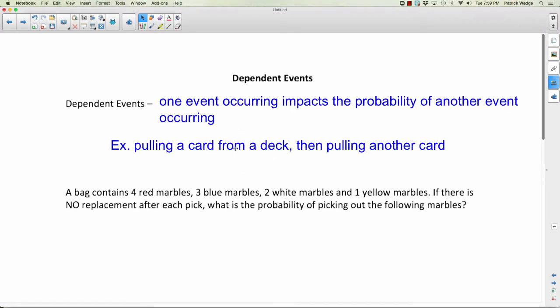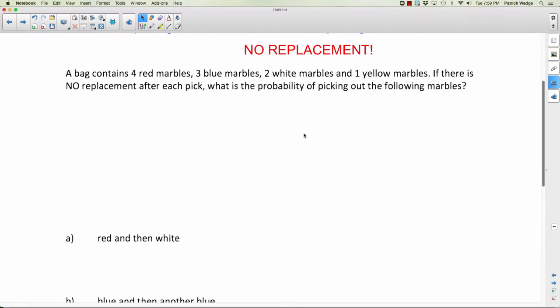Think of it this way: instead of there being 52 cards in the deck, there's now only 51 when you pull the second card, so your probability is going to be different. So if there's no replacement with cards or with marbles, blocks or whatever, then it's definitely going to be dependent.